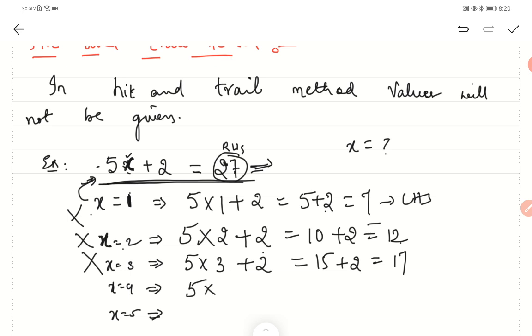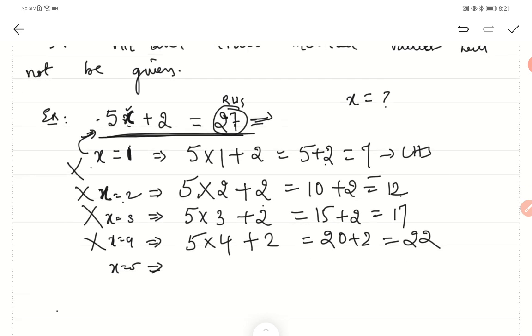If I put x value as 4, 5 into 4 plus 2 is 20 plus 2, it is 22. For x equal to 4 it is also not true. Now if you go for x equal to 5, 5 into 5 plus 2 is 25 plus 2, this is equal to 27.